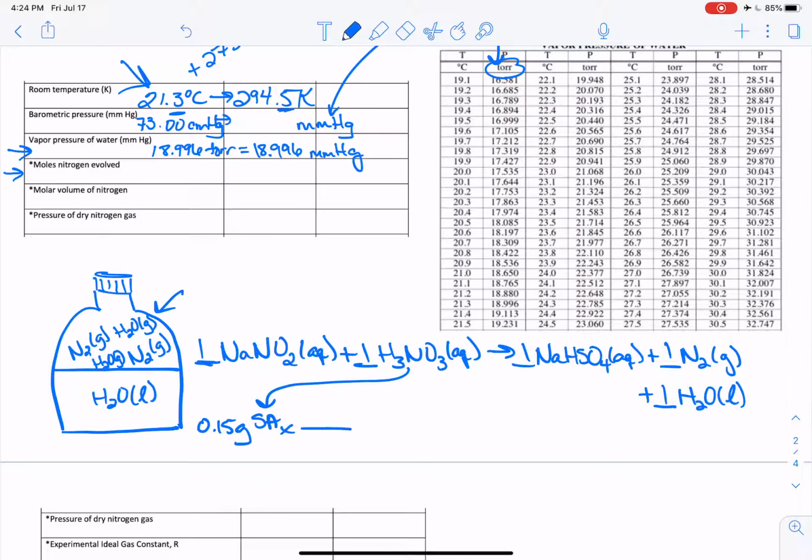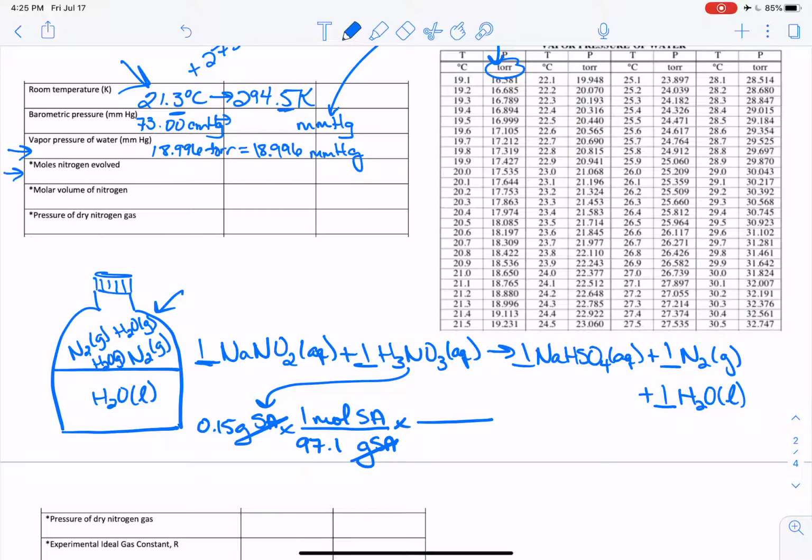And whenever I'm in grams, I want to go to moles. So 1 mole of sulfonic acid is some mass of sulfonic acid. And so I would add up those 3 hydrogens and the nitrogen and the 3 oxygens, and I'd come up with 97.1. Now I'm in moles of sulfonic acid because our grams of sulfonic acid can cancel out.